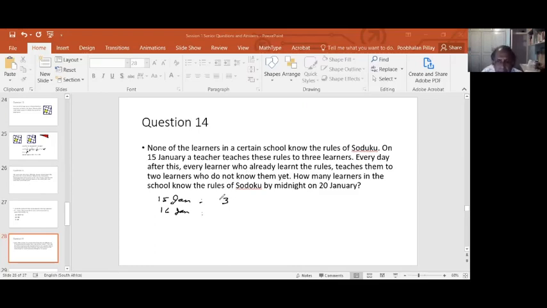Okay, so each of these 3 people, they know the rules. They taught the game to 2 new people. So now you've got those 3. The new people are 6, right? So then 6 new people know it on the 16th of January.